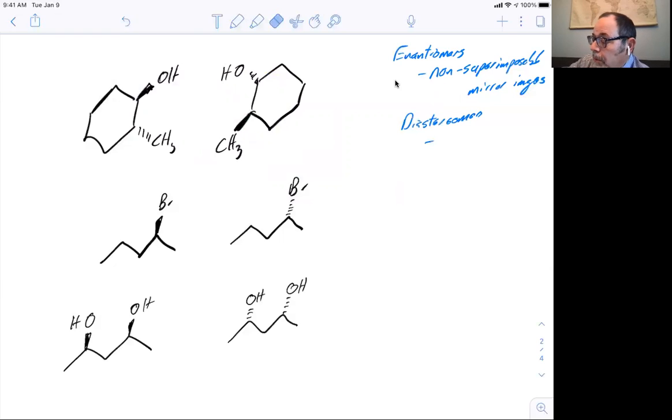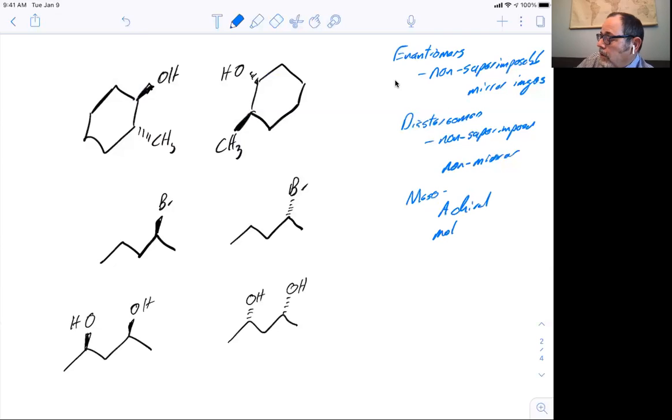Enantiomers are non-superposable mirror images. Diastereomers are non-superposable non-mirror images, I apologize. And then meso compounds, its best definition is an achiral molecule with chiral centers.